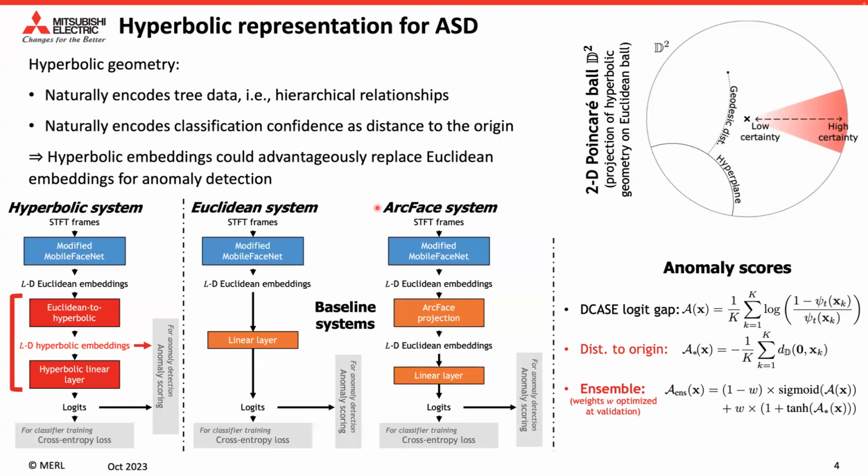For completeness, we also added an ArcFace system due to the popularity of that approach in recent research. And the only difference here is that ArcFace embeddings are optimized in a slightly different way.